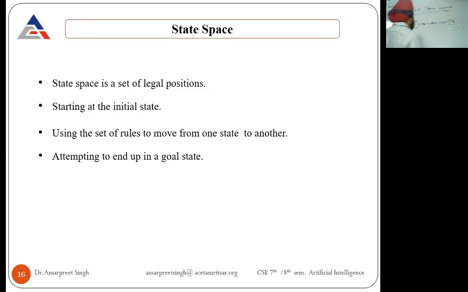Before state space, I will just tell you what is a state. Here we are with the problem statement. You are given the problem statement, so that is the initial state of a problem.